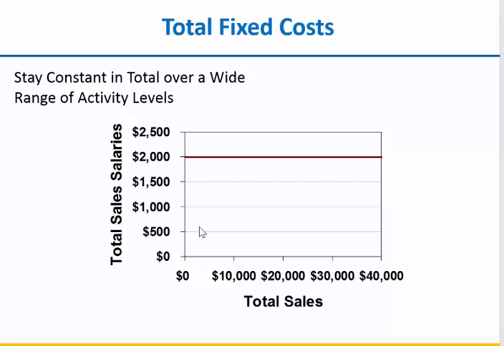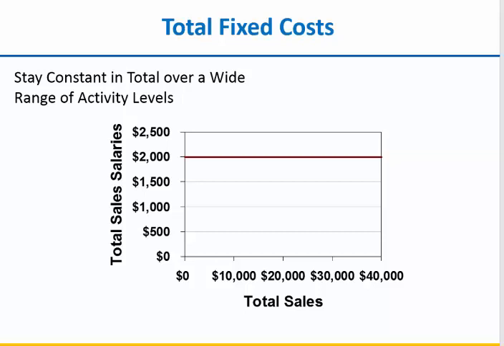Regardless of the dollar amount of total sales, 0, 10,000, 20,000, or 40,000 US dollars, the payment stays constant. It's always 2,000. In this particular case, the sales compensation, as structured in this example, is a fixed cost.